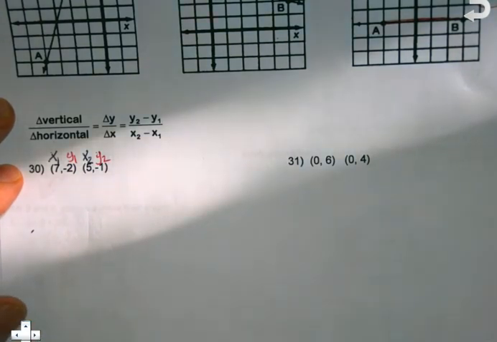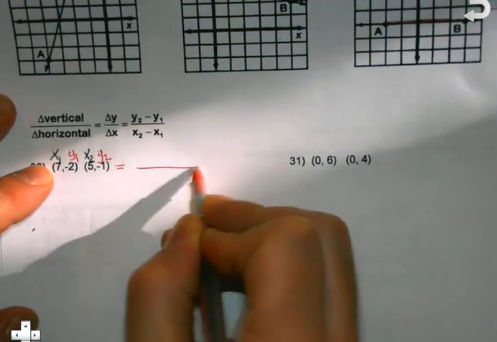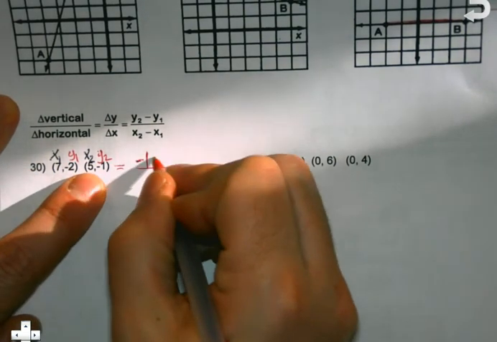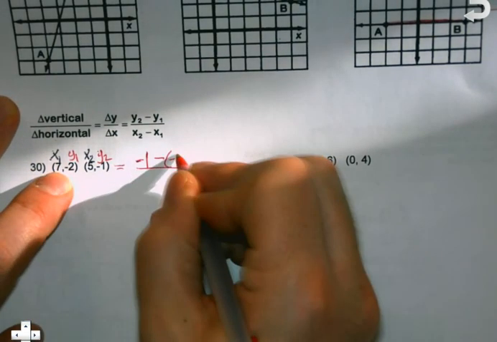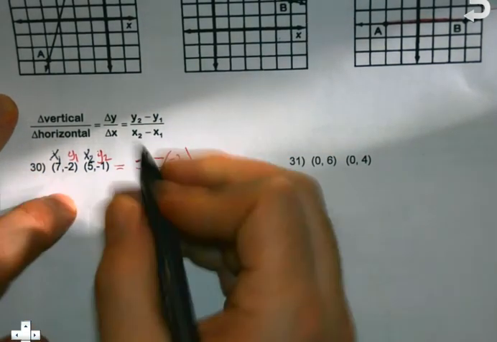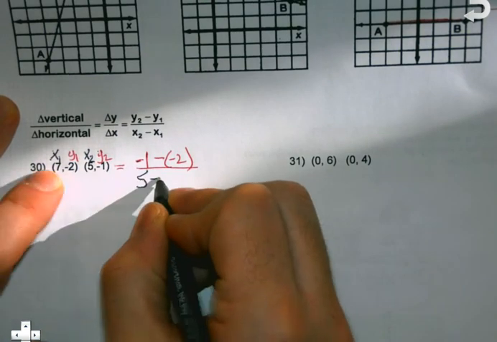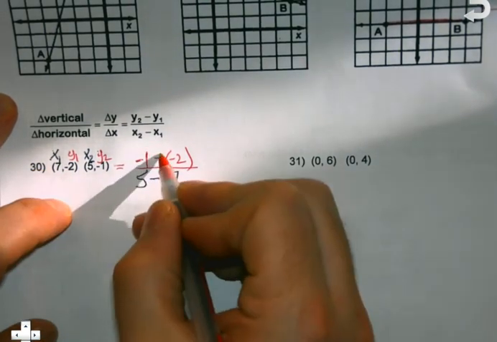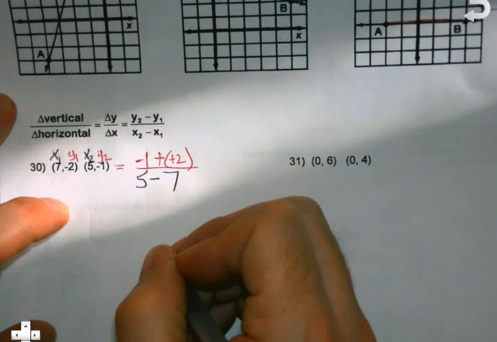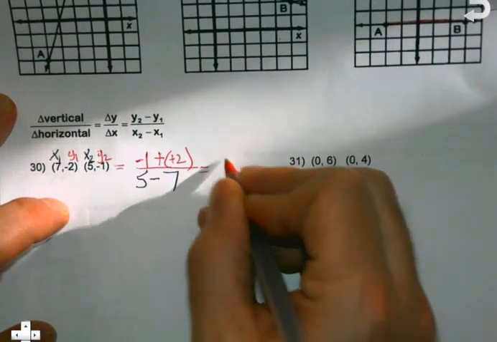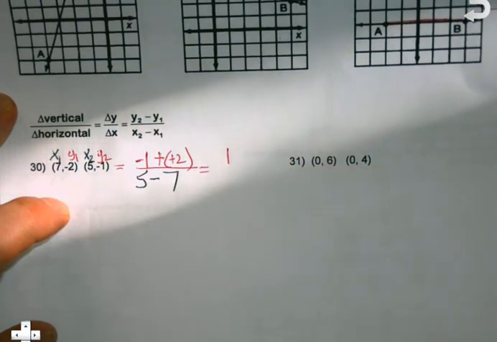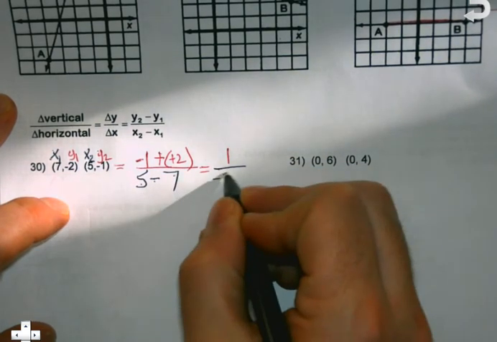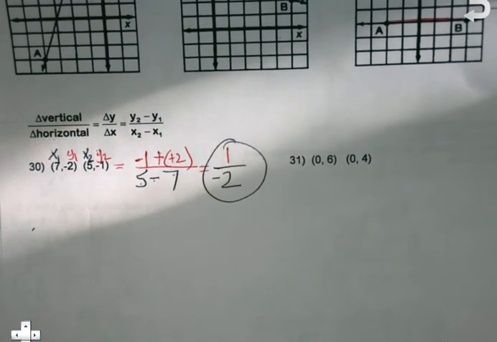By doing that, now I can just follow what I see. I'll take my y2 minus my y1, over my x2 minus my x1. Now I just got to be careful. Minus a negative becomes plus. Negative 1 plus 2 is 1. 5 minus 7 is negative 2. I can't reduce it any further.